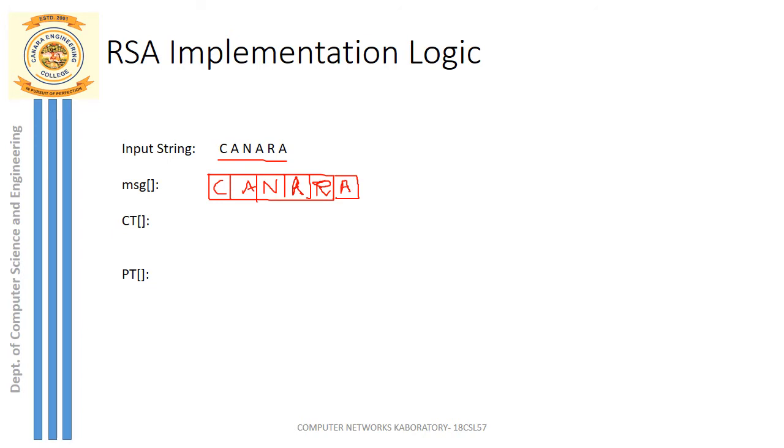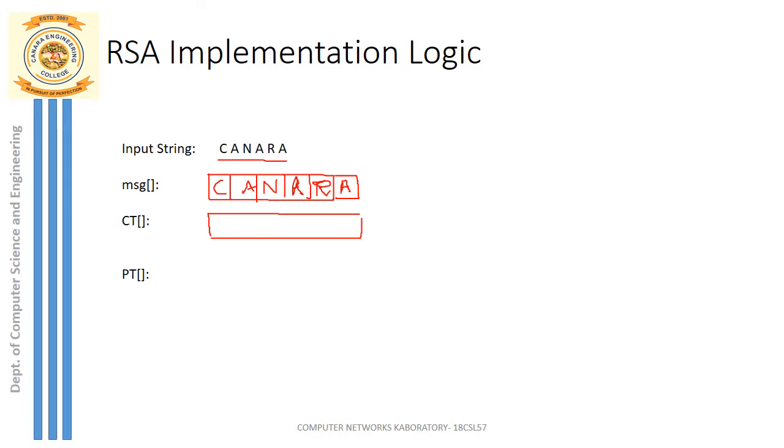Once the string is converted into an array of characters, we can take the ASCII value of each character. By taking the ASCII value of each character, we can convert it into ciphertext. So inside the array called CT, which is of type integer, we store the corresponding value after performing the encryption process.